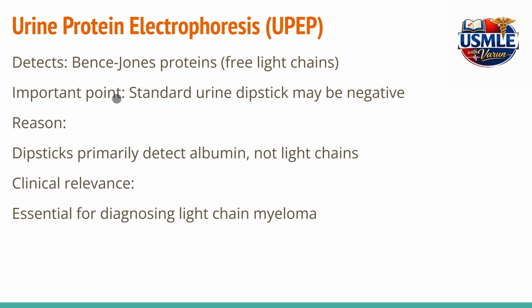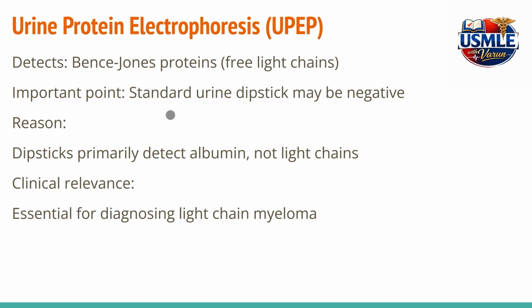Now let's also discuss urine protein electrophoresis, or UPEP. Urine protein electrophoresis is used to detect Bence-Jones proteins, which are free light chains. A key exam point is that urine dipsticks may be negative because they detect albumin, but not the light chains. So this UPEP is essential for diagnosis.